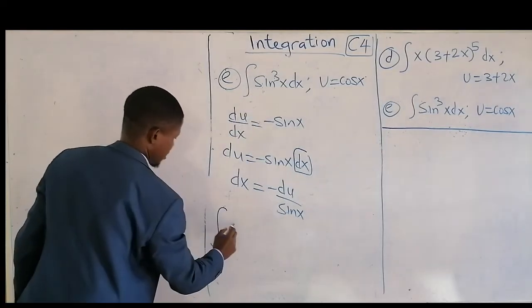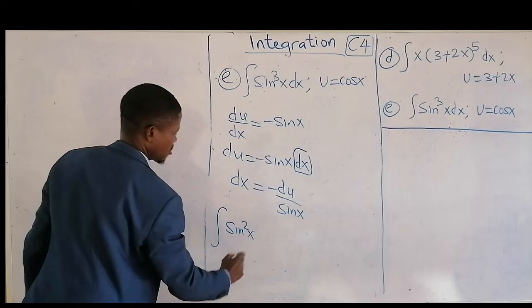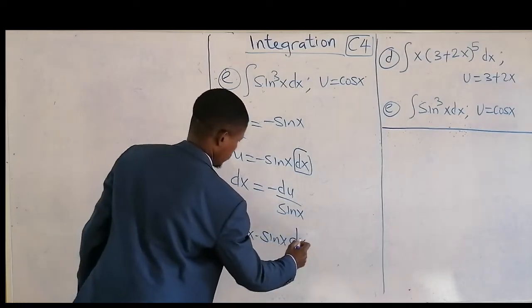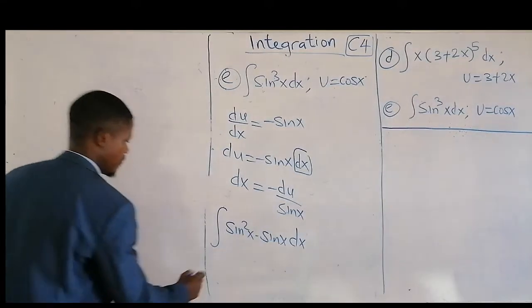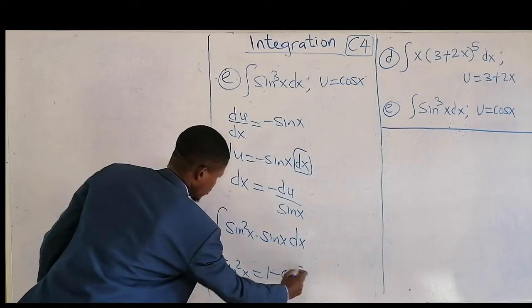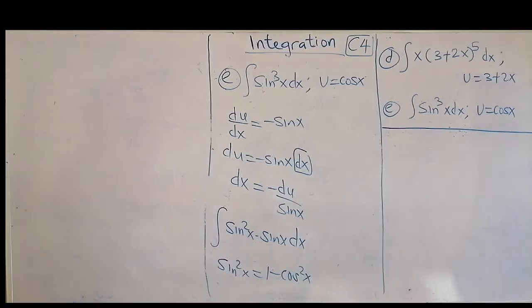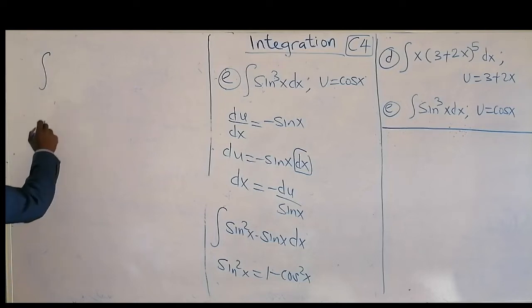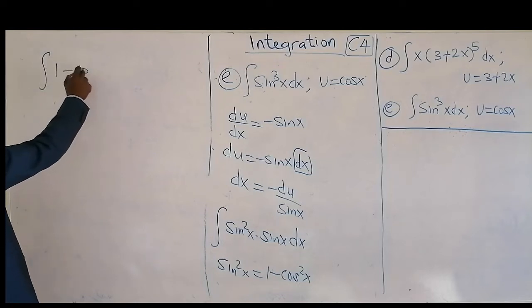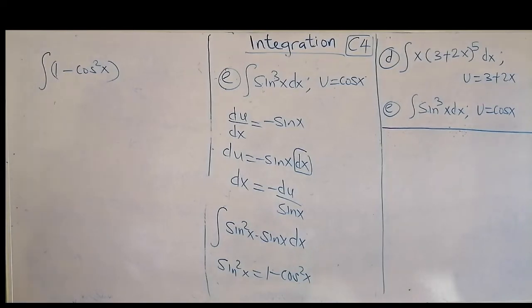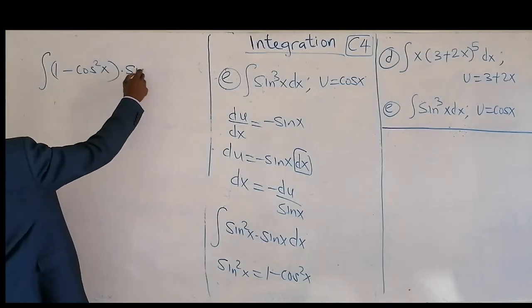Then we now do something. This one implies sin squared x times sin x, dx. Okay, and don't forget sin squared x is equal to what? 1 minus cos squared x. So our question will now become 1 minus cos squared x times sin x.